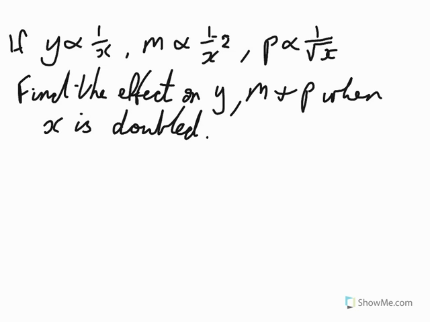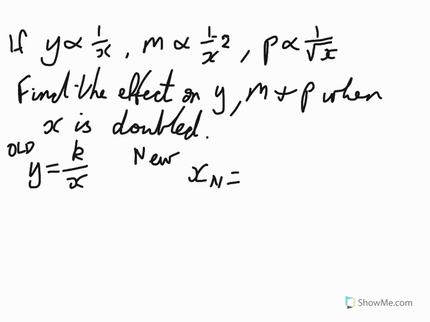Okay, so let's look at y first of all. So if y is proportional to 1 on x, it equals k on x. Alright, and so that's our old. So let's call that old. Now our new one, what are we going to do? So x new is going to equal twice x old. So y old is k on x old.